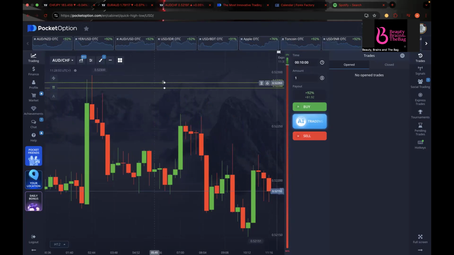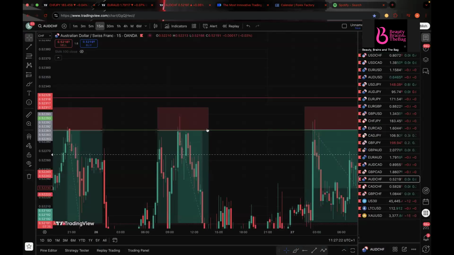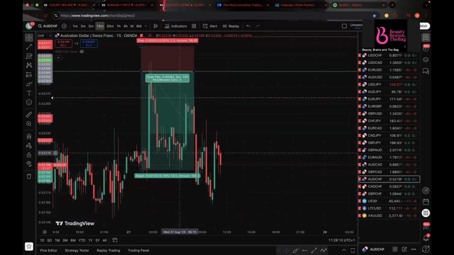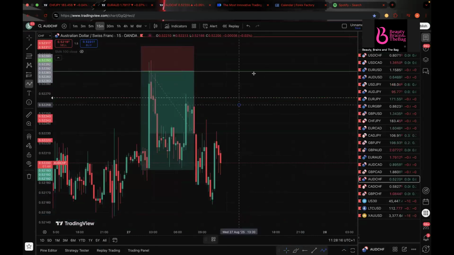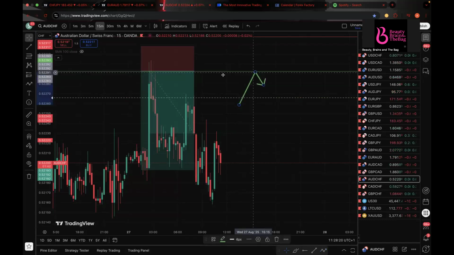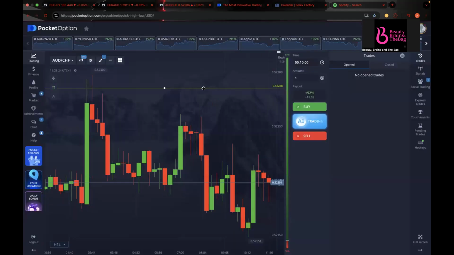But let's say the price just touches this 93 on TradingView. If you check your Pocket Options, the price must be exactly on this 88. So the equivalent of 293 on TradingView is 288 on Pocket Options.